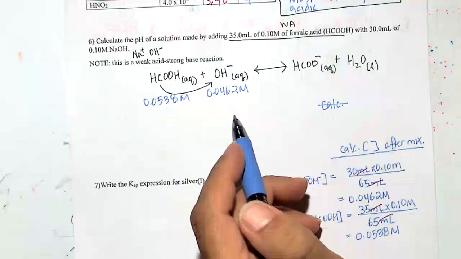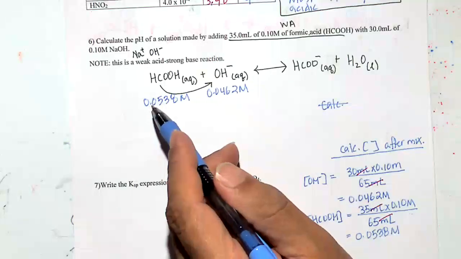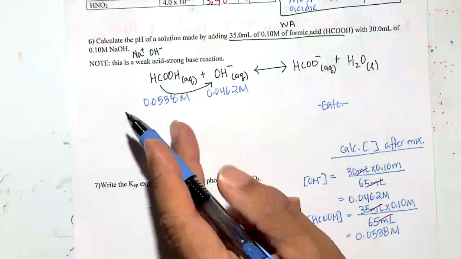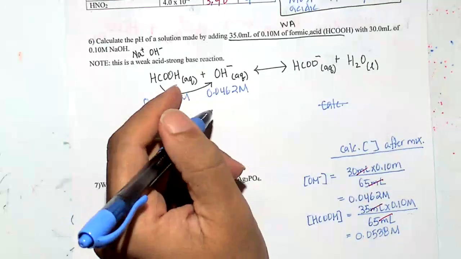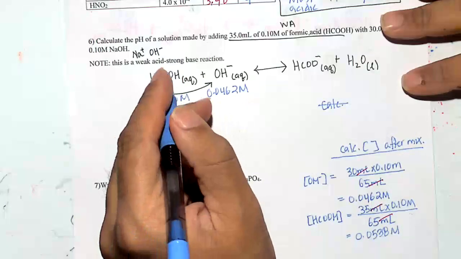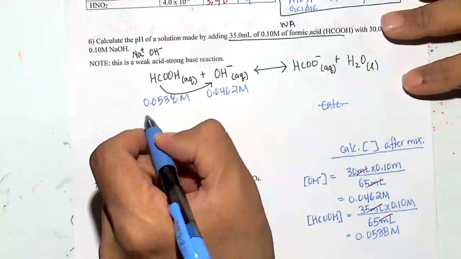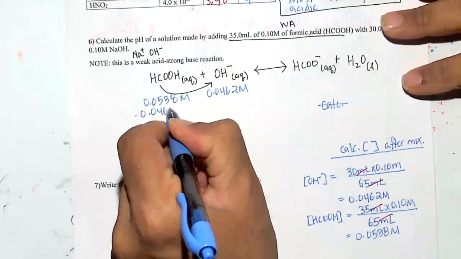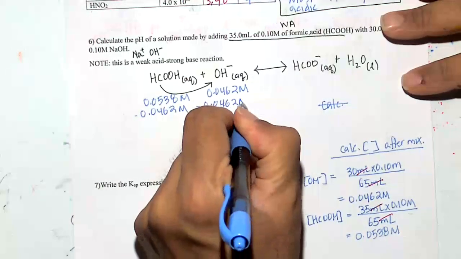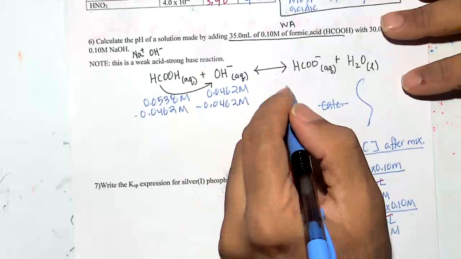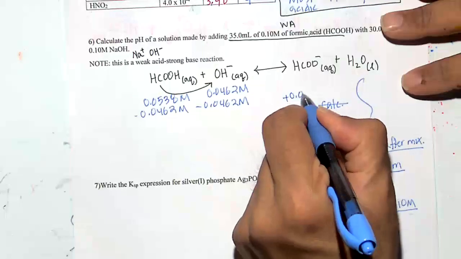So that is formic acid. A question for you guys is, how much of this base will eat up this weak acid? How much? All of it, because it's strong. How much is all of it? Minus 0.0462. We don't care about liquid water.